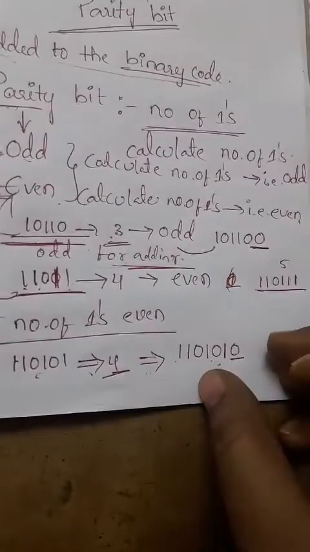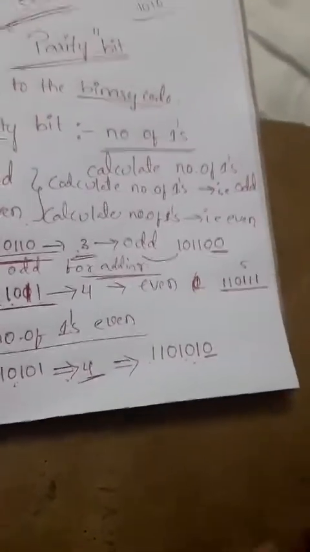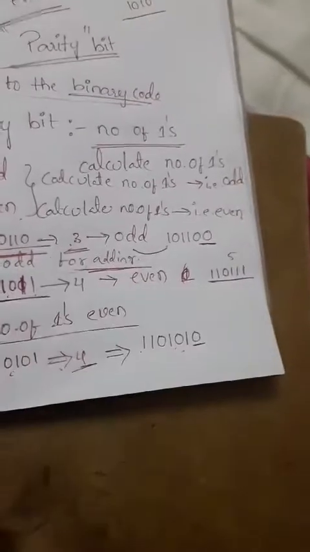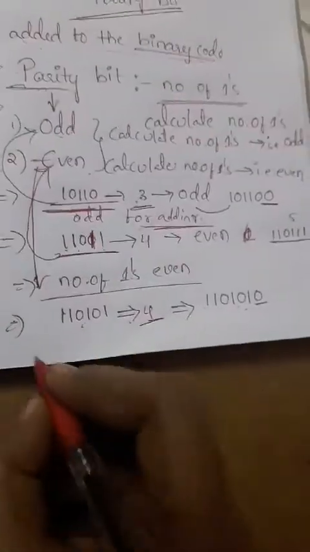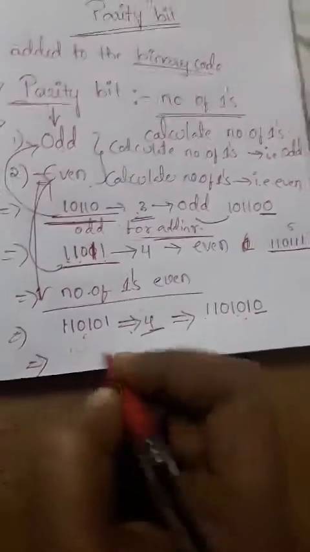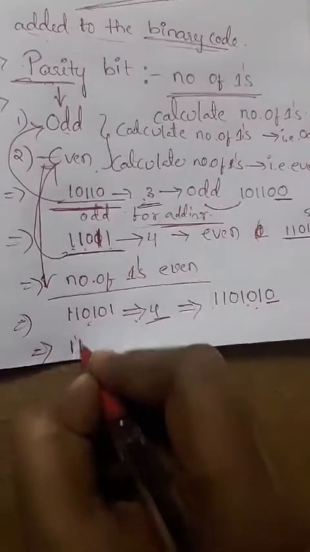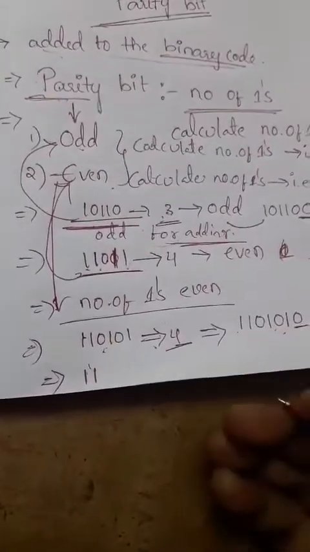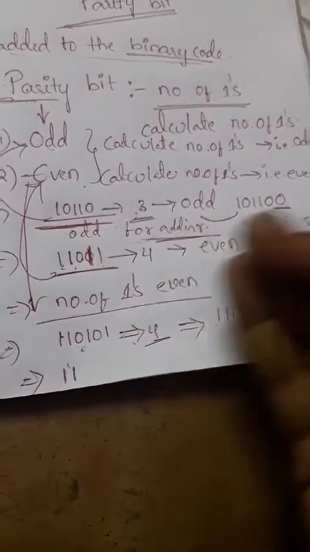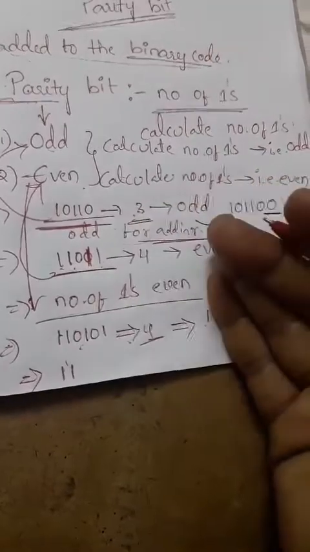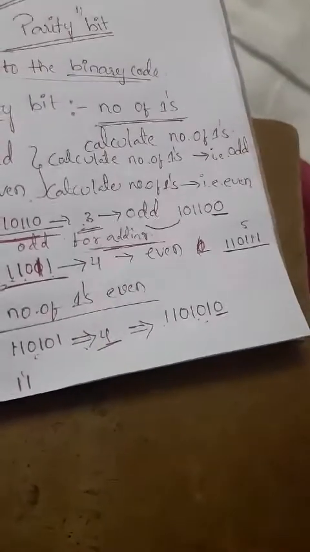Whatever the binary code is, if it already has the required parity, no need to add any number, just add 0. If any number has odd parity or even parity, it can be changed to the other parity. That is, whatever binary code you have may be converted to the other parity.